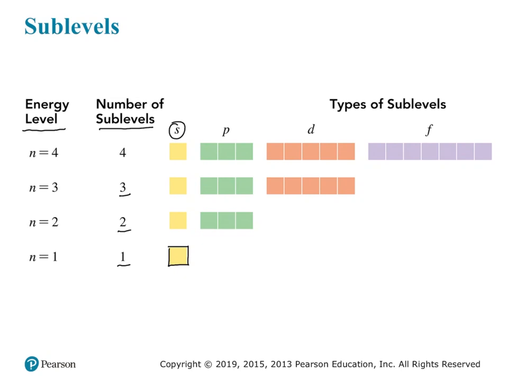All right, and then if we go to energy level 2, we have two sublevels. We have the S and the P sublevels. So we've got S and P, and we'll talk about these boxes in a second. And then as we go up, we have energy level 3, which has S, P, and D sublevels.